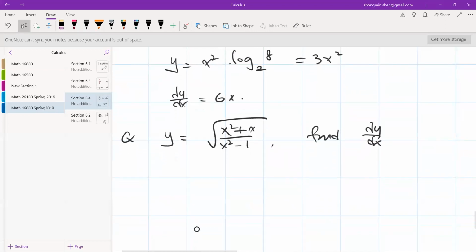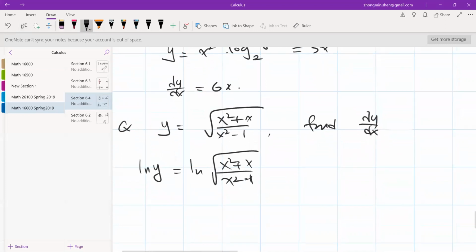So what I'm going to do is I'm going to use natural log to change it. Okay. So I put the natural log on both sides. Then I can modify this. It's going to be 1/2.